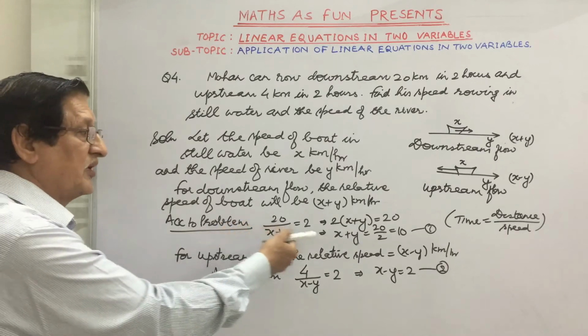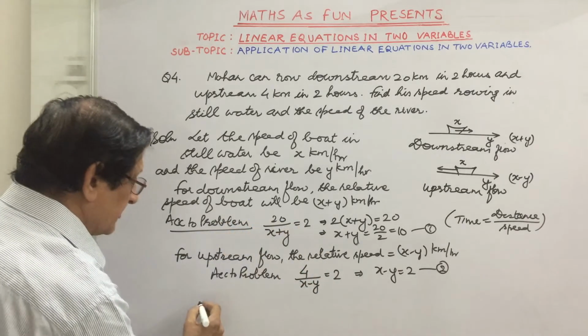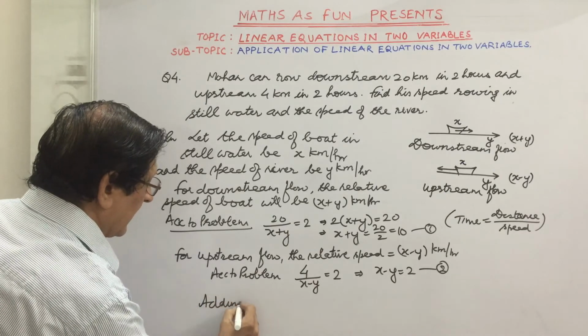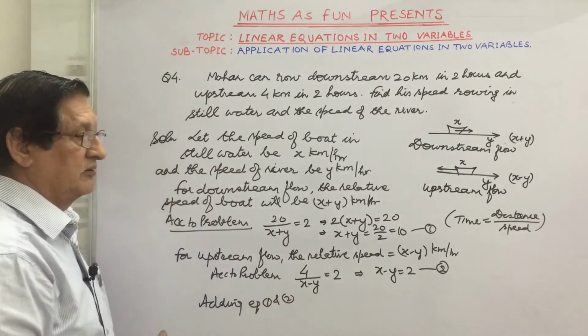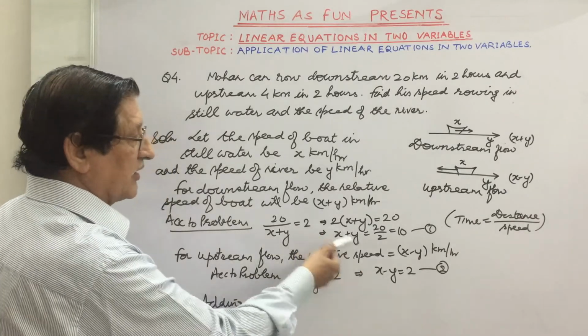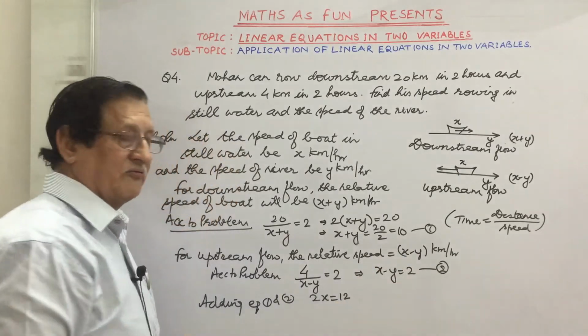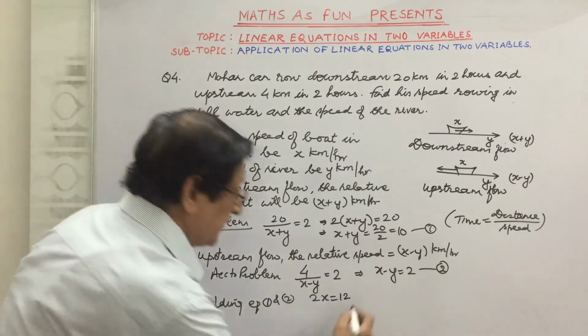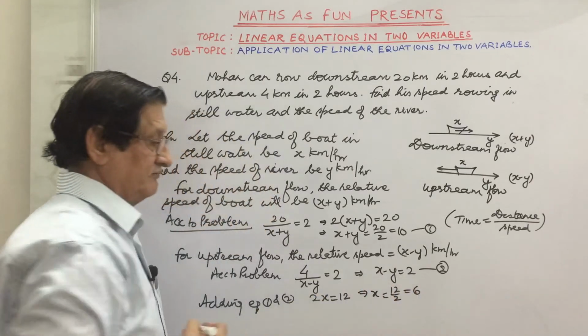Now the solution of them is very easy by the elimination method. We can just add the equations. So adding equation number 1 and 2, what do we get? y and y will get cancelled. It will be 2x equal to 10 plus 2, that is 12. It means x is equal to 12 upon 2, that is 6.